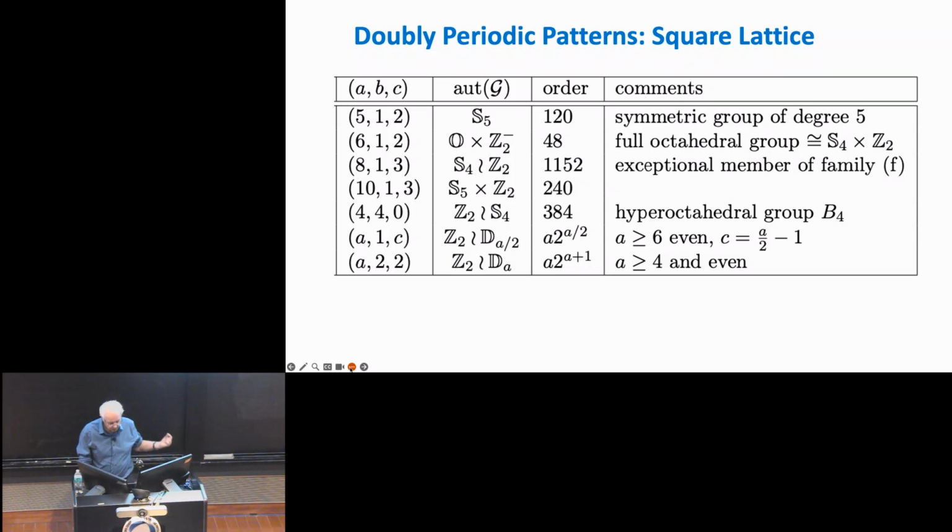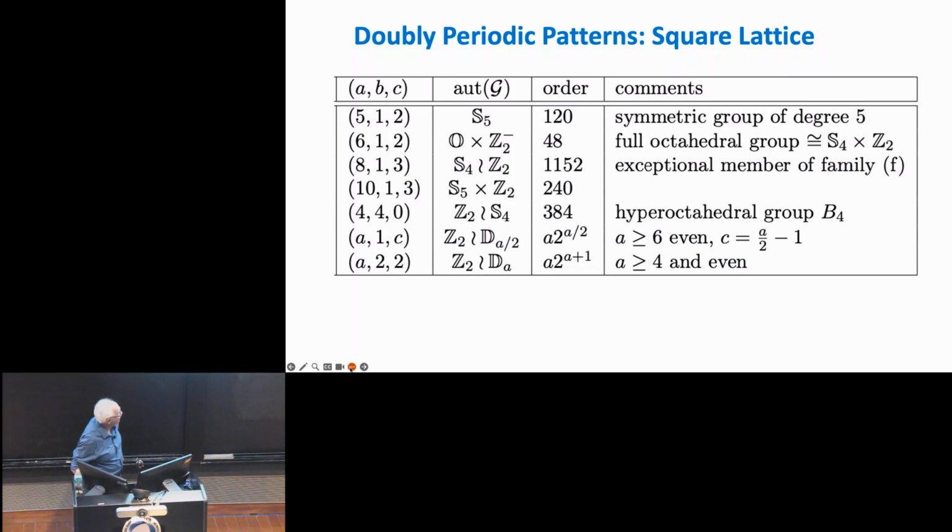One, it's part of a family, it has 1,152 automorphisms, but it doesn't fit neatly into the infinite family that it's essentially a member of. One is S5 cross Z2, and one is the hyperoctahedral group, which is the symmetry group of the hypercube, 384 elements. And then there's 2 infinite families which have this sort of wreath product structure.